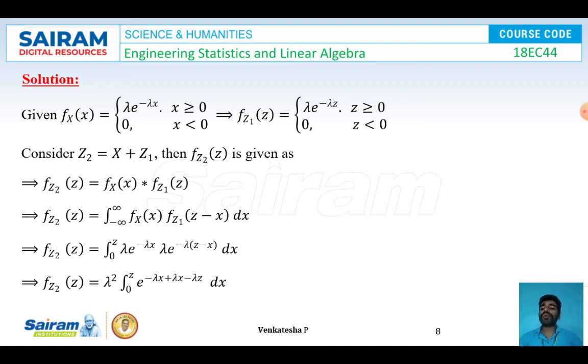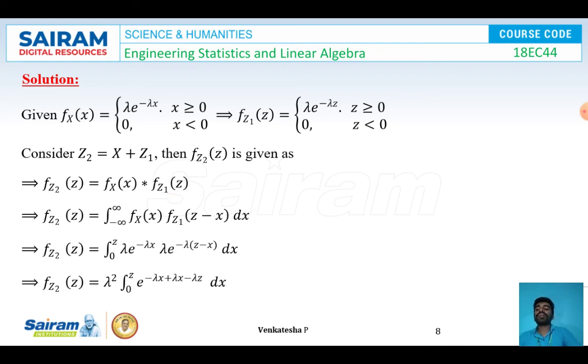Now I am going to consider a new random variable Z2, which is a combination of X plus Z1. Then the PDF for Z2 is given by the convolution of f_X(x) and f_Z1(z). This concept we got by using the sum of two independent random variables concept.